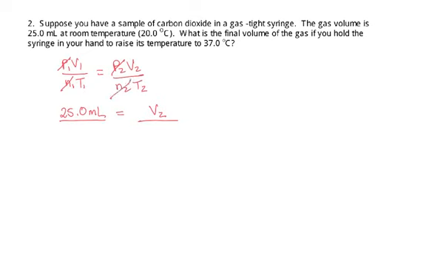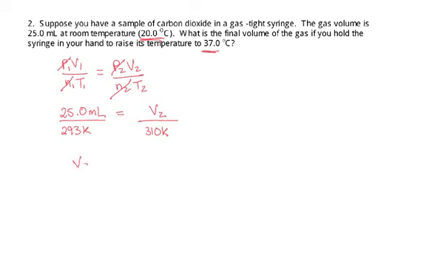And then initial temperature is 20 Celsius, but remember you have to use Kelvin. So that would be 293 Kelvin. And then final temperature is 37 Celsius, which would be 310 Kelvin. So I would recommend as soon as you see a temperature, go ahead and change that to Kelvin for this chapter because we're always going to be using Kelvin.